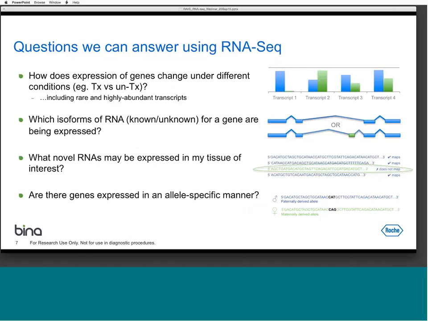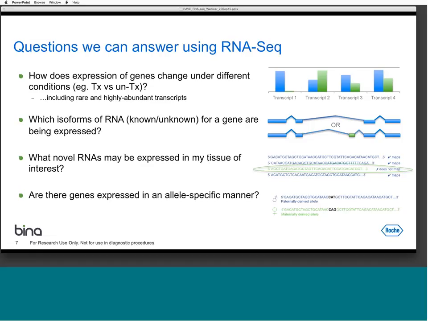You can also take a look at the isoforms of RNA that are being expressed. So, for instance, it may be the case that in the basal condition, one particular transcript is expressed from a gene, and in the treated condition, the splicing may switch to produce an alternative transcript, and that can be assessed using RNA-Seq.